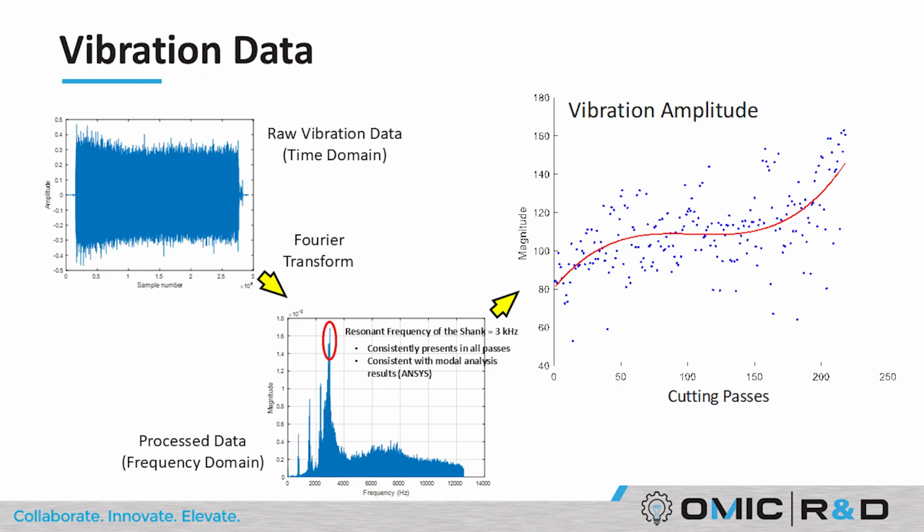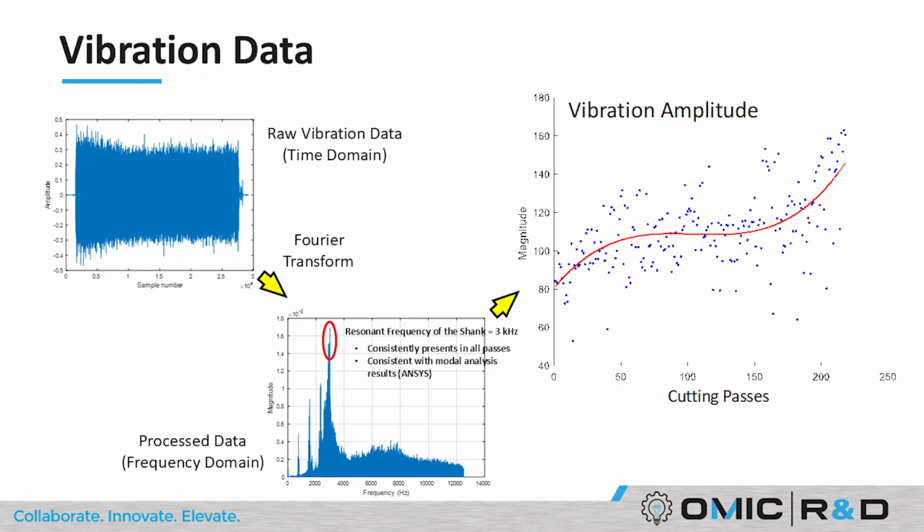So if we adopt different cutting conditions, we can also determine the most related component or feature by making use of a similar relationship. And if we extract the height or the power of this frequency component, we can also produce the trend of this power of vibration along the cutting passes.